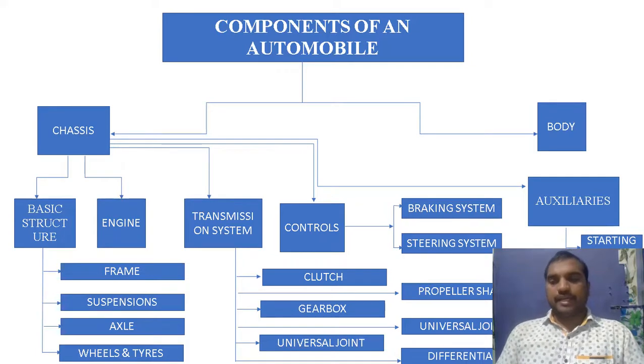Now in detail we are going to discuss the components of an automobile. The components of an automobile are classified into two parts: chassis and body. What is the definition of chassis?